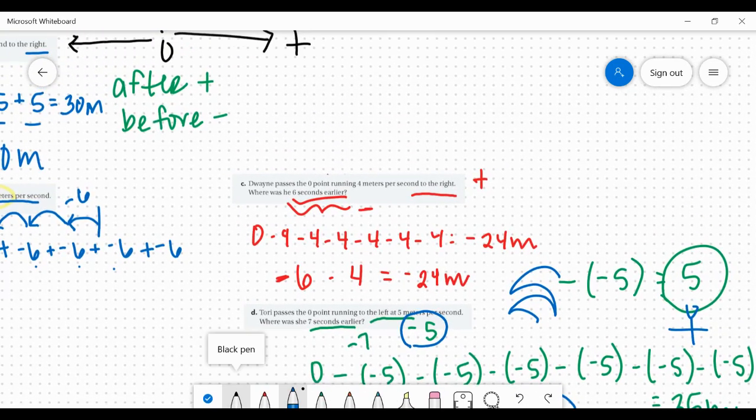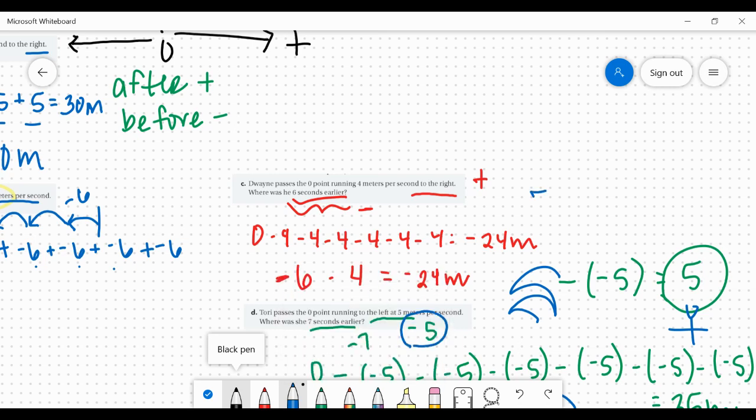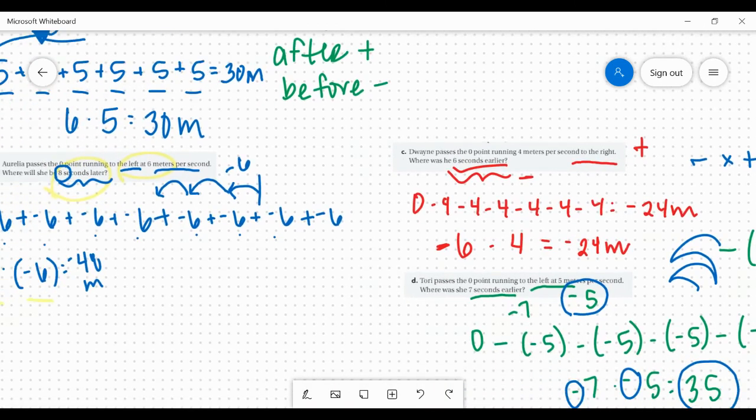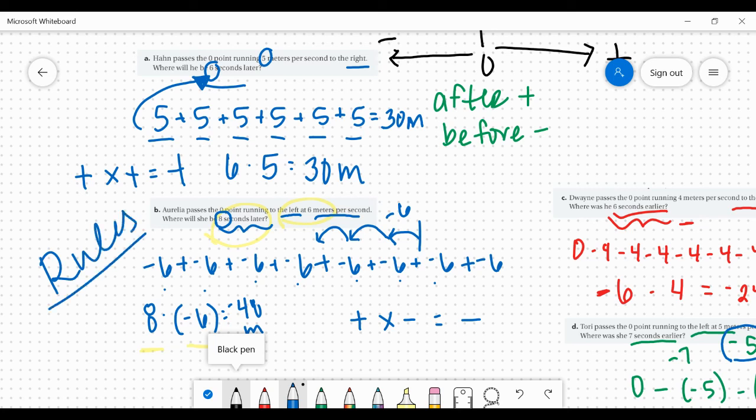In this problem, we had a negative number times a positive number, and it gave us a negative number. Over here, we had a positive times a negative, and that gave us a negative. And up here, we had a positive times a positive, which gave us a positive. We're going to begin to start thinking about these rules when it comes to multiplying numbers.